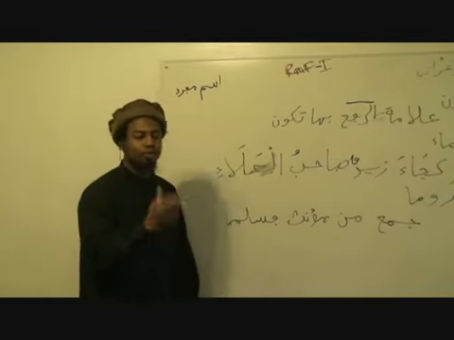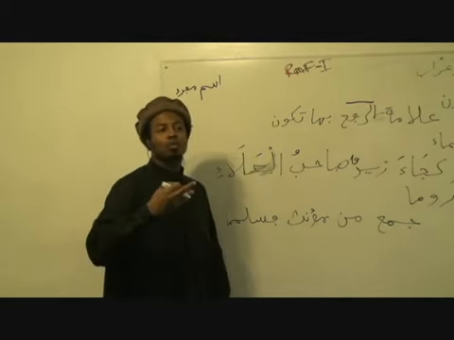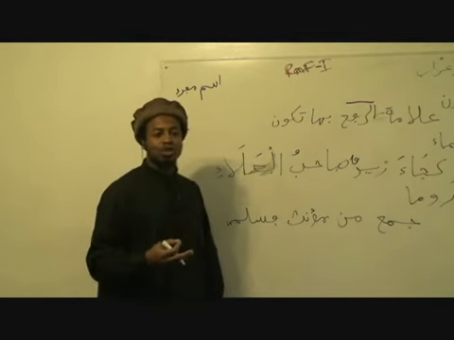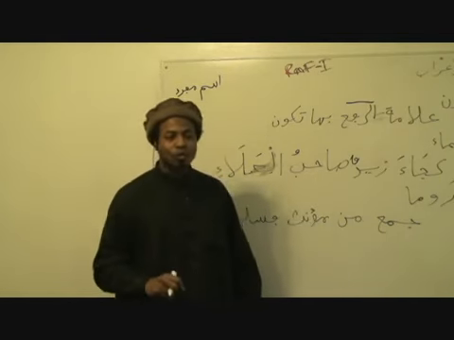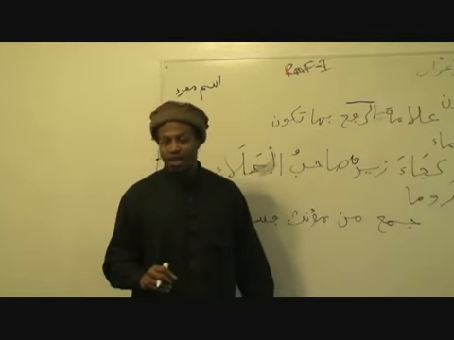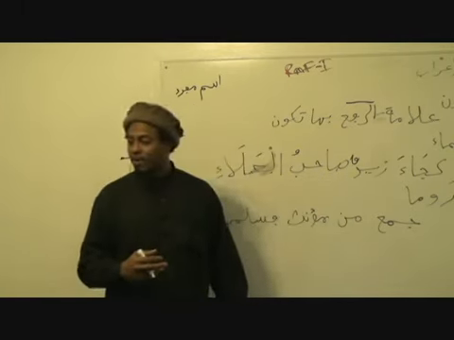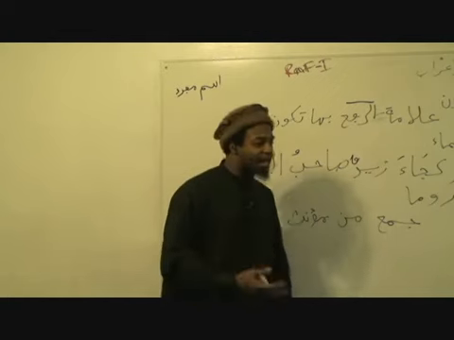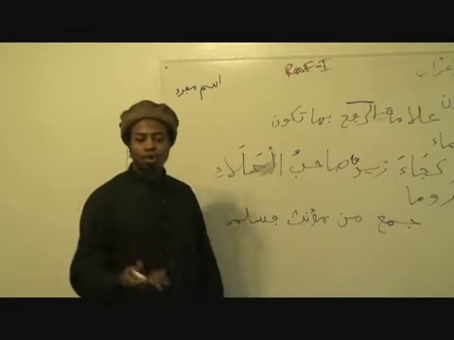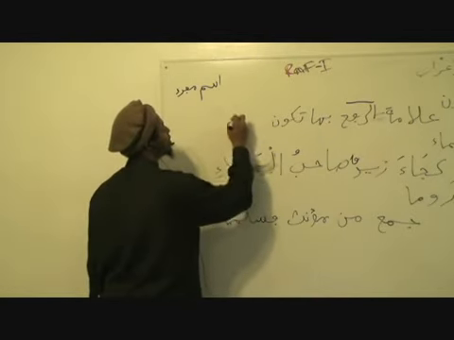A jam'u mukassara is a plural that is broken. What is a broken plural? A broken plural is any word in the Arabic language that, when you make the plural, changes its initial form. So the change in its initial form means you've broken the form. Hence the word jam'u mukassar, or jam'u taksir, a broken plural. For example, we have bab.